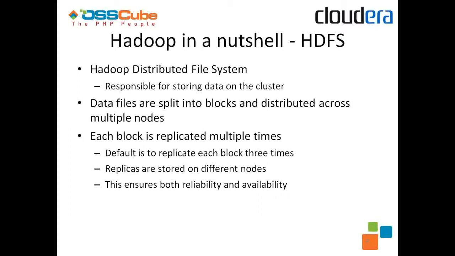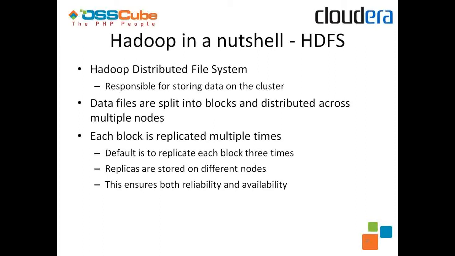So what you then get is that a small block of the whole data set will sit on different nodes. And each block is then replicated multiple times. This replication is very important because it gives you reliability.